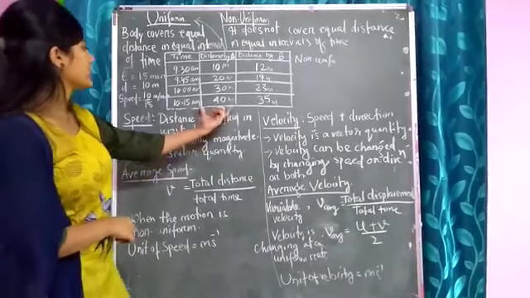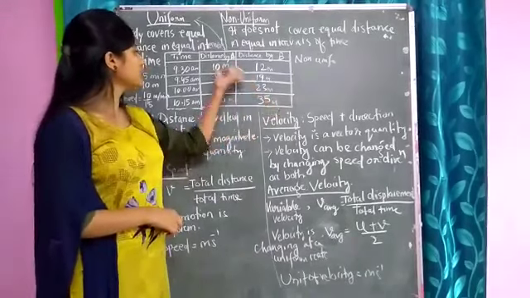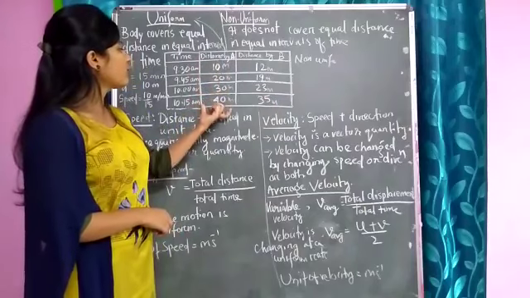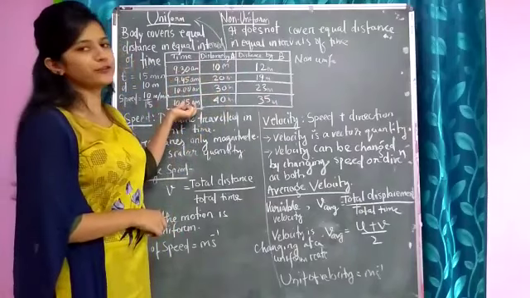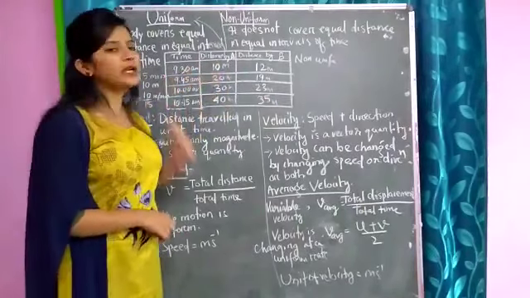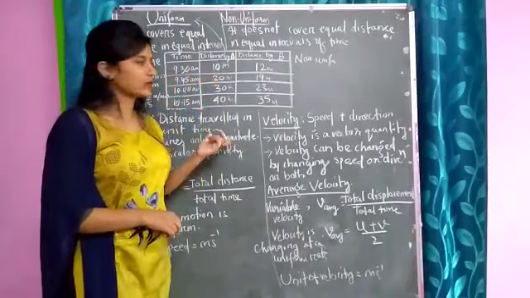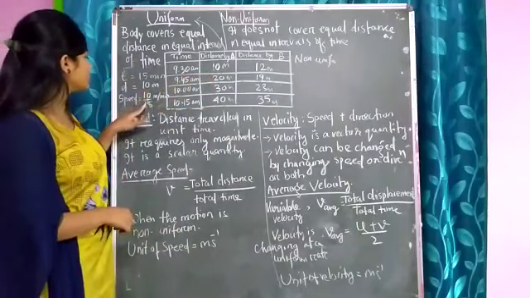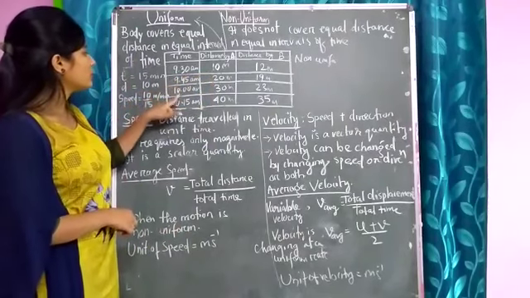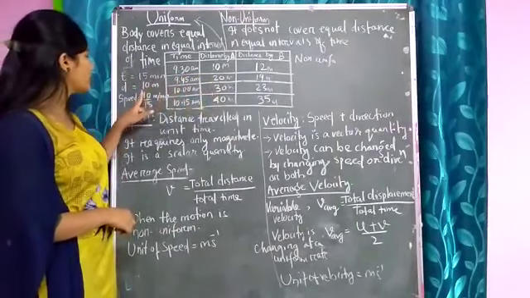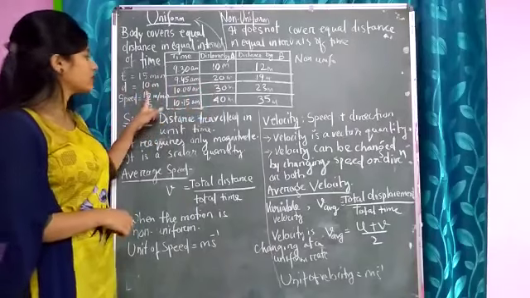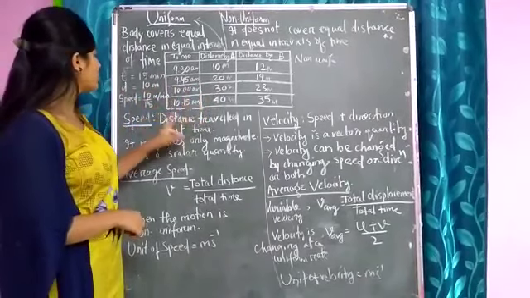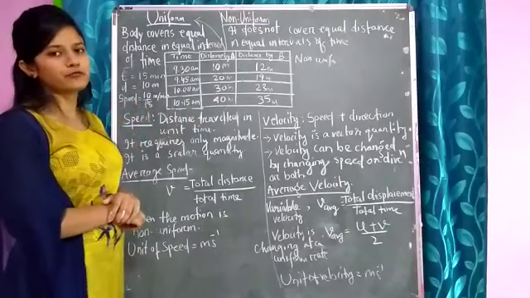See, for uniform motion, for each 15 minutes, your speed will be the same. If I go for the first interval, it comes 10 by 15. For the second interval, again 10 by 15. For the next, again 10 by 15.